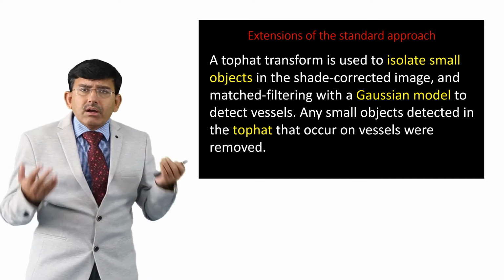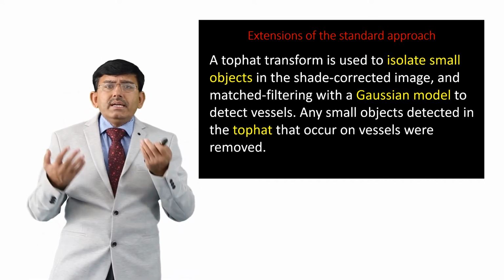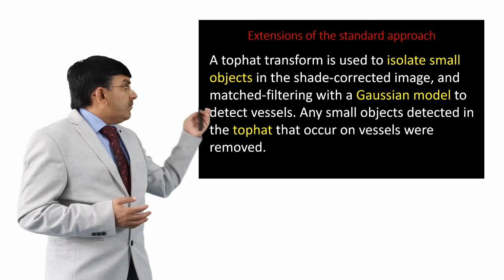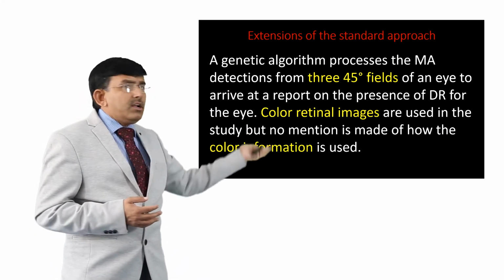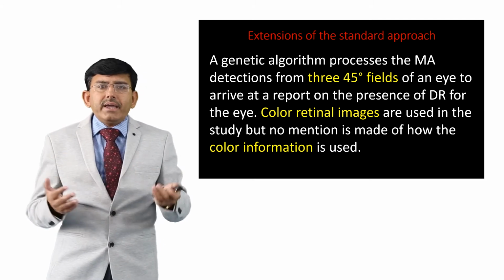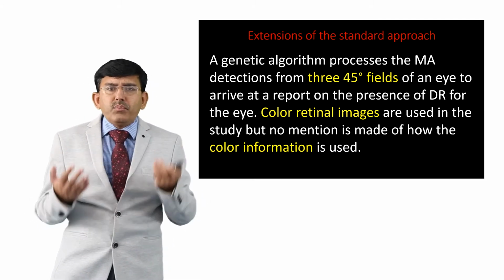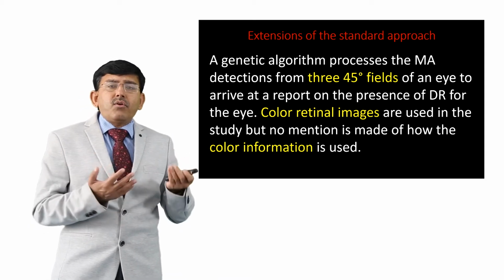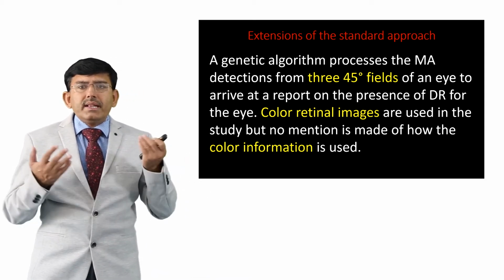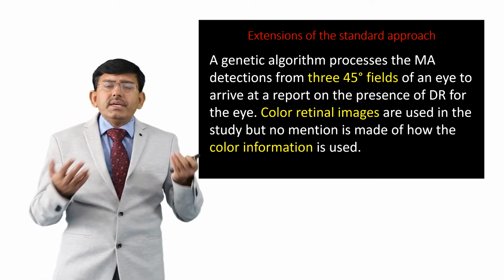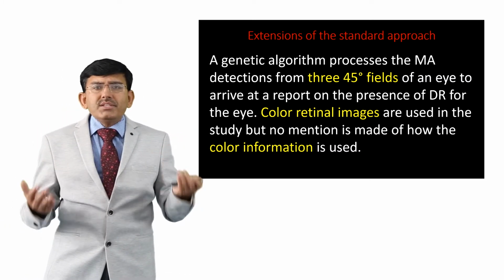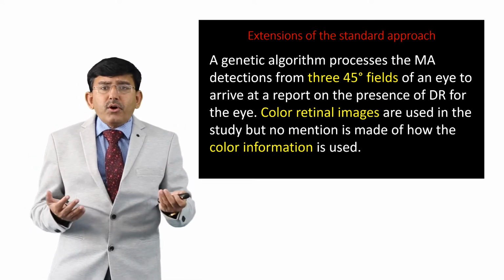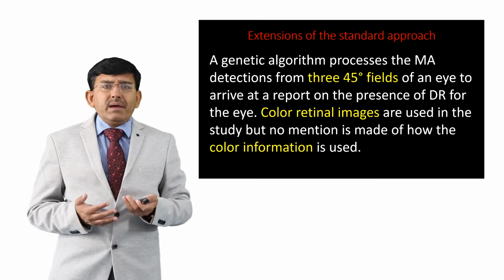A genetic algorithm processes the microaneurysm detection from a 45-degree field of view of an eye to arrive at a report on the presence of diabetic retinopathy for the eye. Color retinal images are used in the study, but no mention is made of how the color information is used by them.